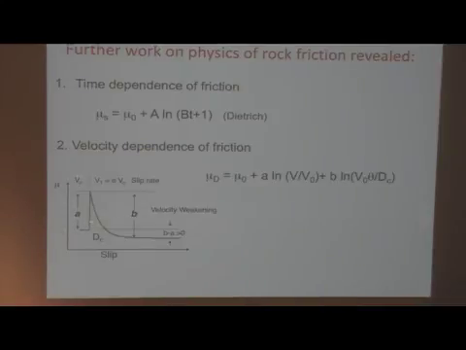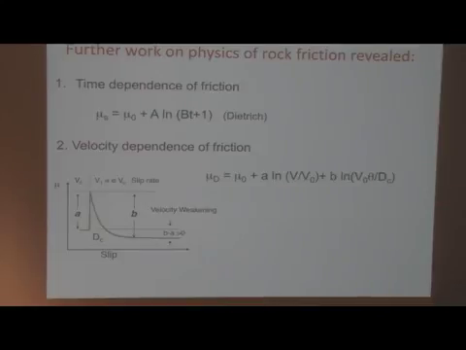Starting with some initial velocity, you have a particular friction, and then in this case, velocity is increased. What was found was an instantaneous, a very quick increase in friction that was followed by a slow decline over some critical distance dc.